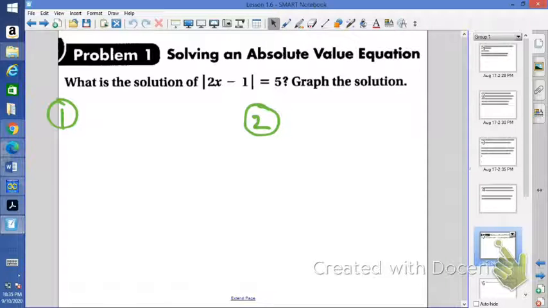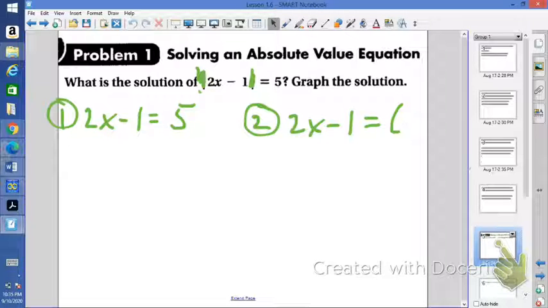For the first, you get rid of the absolute value bars and write what you see: 2x minus 1 equals 5. For the second, you drop the bars, write the left-hand side, but multiply the right-hand side by -1. So you're left with 2x minus 1 equals -5.